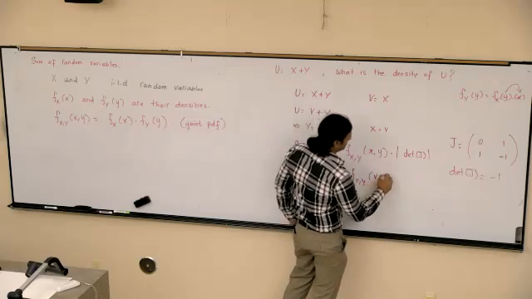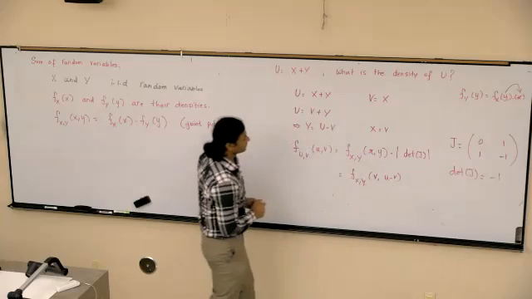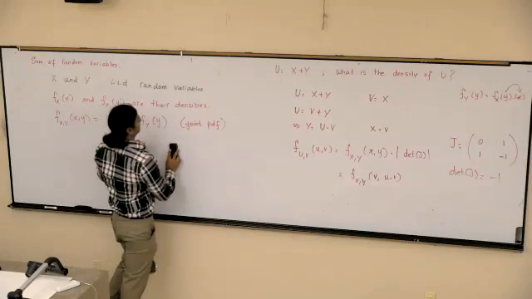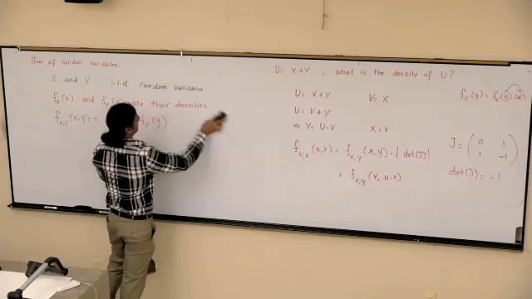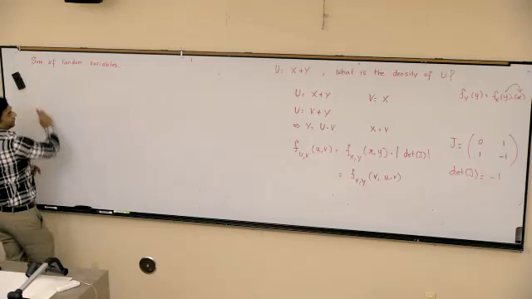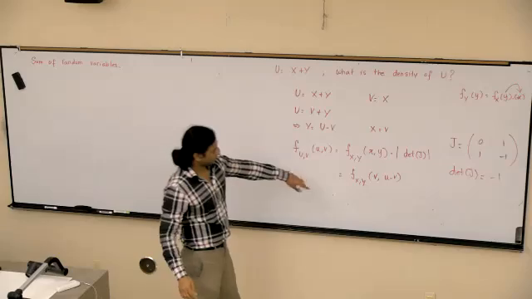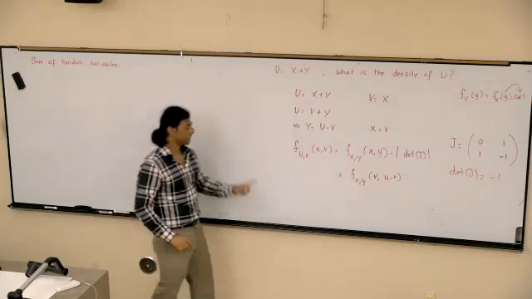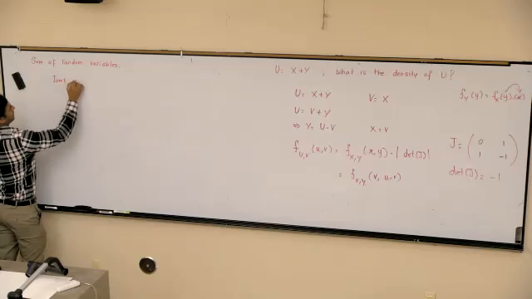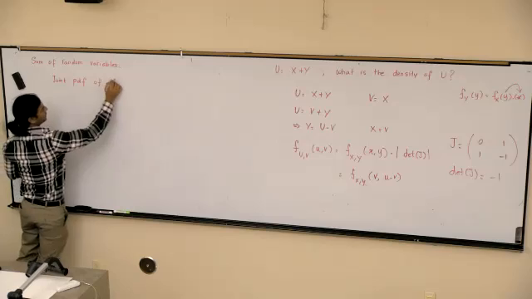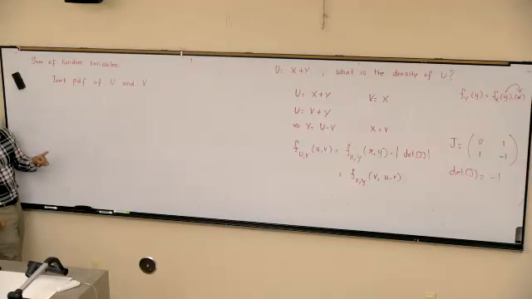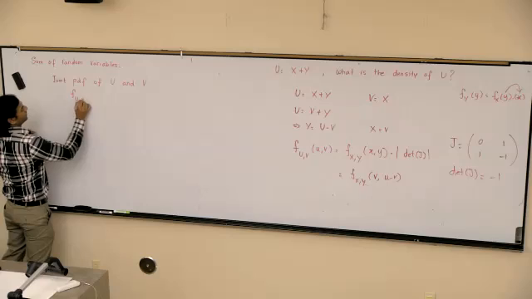U minus V. So that is the final joint PDF that I have. So that is the joint PDF of U and V. Yes, that equals f of U comma V.